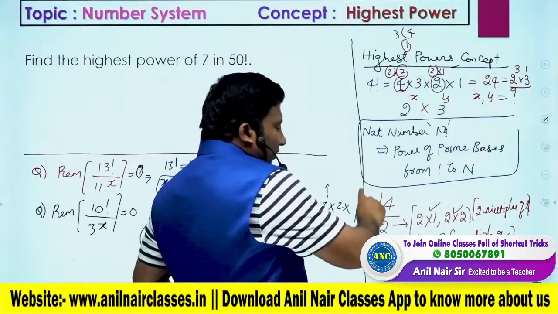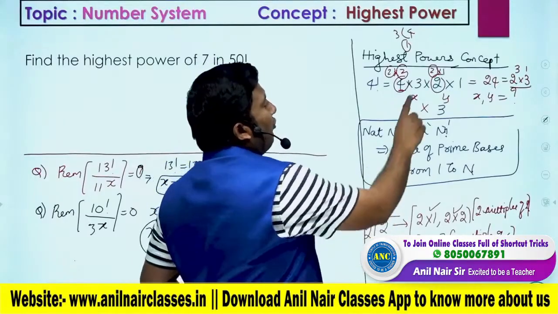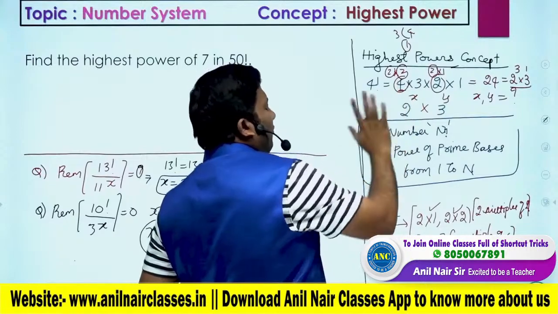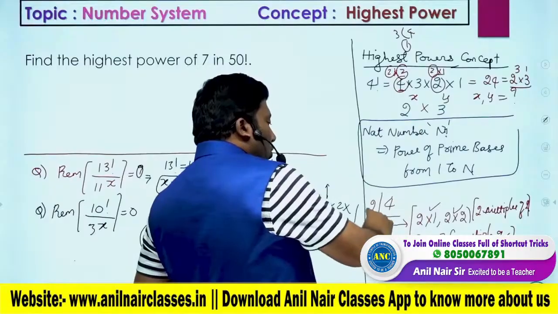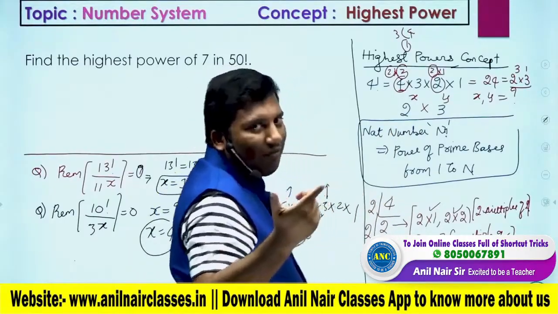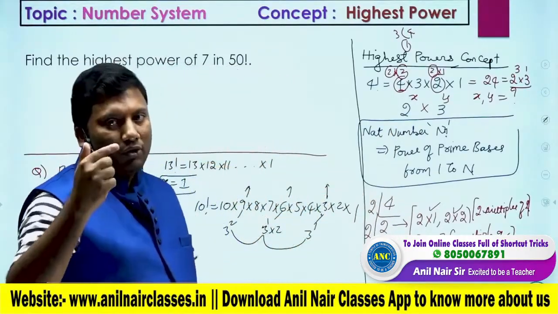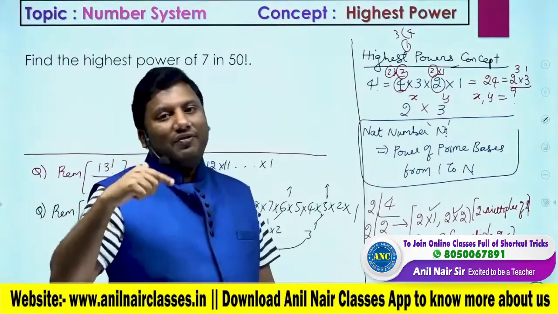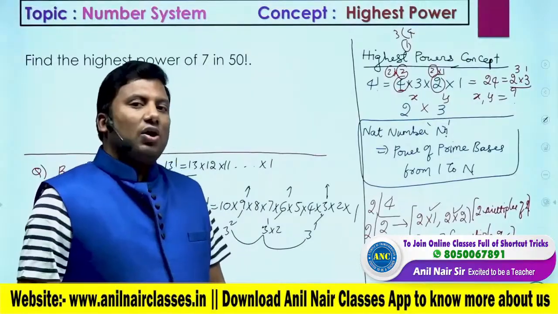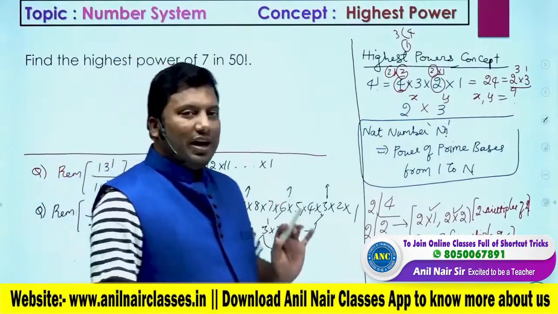So I divided it by 2. 2 2s are 4. There are 2 multiples of 2. Again I divided it by another 2. 2 2s are 4, because every power of 4 is also a power of 2. Every power of 9 is also a power of 3. Every power of 25 is also a power of 5. I hope the idea is clear.